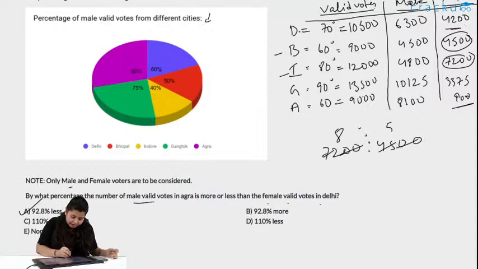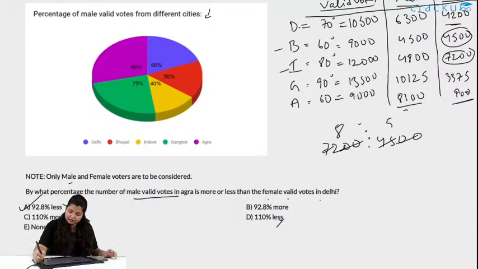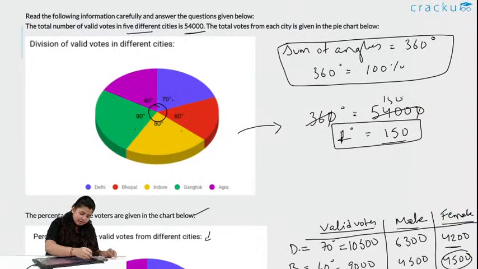Sorry, it's male valid votes in Agra, it is 8100 and 4200. So, by seeing this you can say obviously male valid votes in Agra are more than female valid votes in Delhi. So, two options get cancelled themselves. This one was for the last one, I have marked it A here. Okay, a long question.